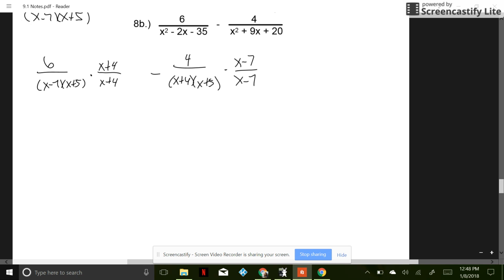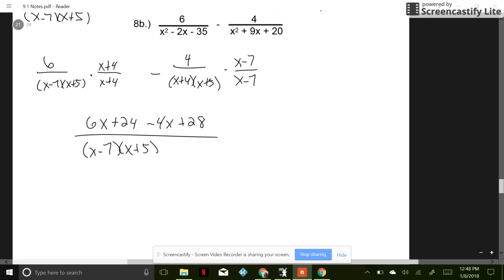So once we distribute that 6, we have 6x plus 24, and then distribute the negative 4, since we're subtracting, so we'll have minus 4x and then plus 28. That's all over our common LCD denominator, x minus 7, x plus 5, x plus 4.